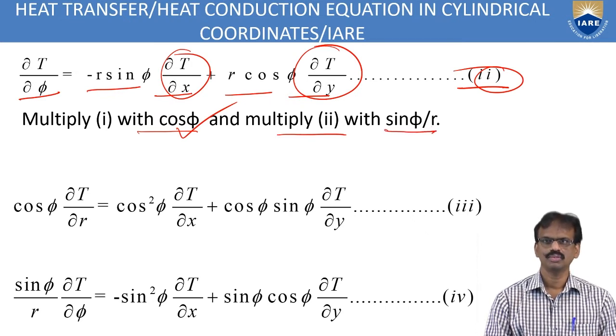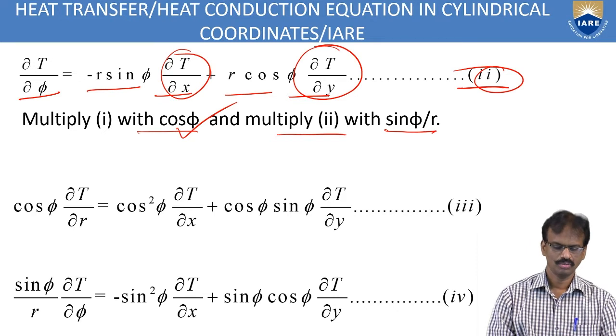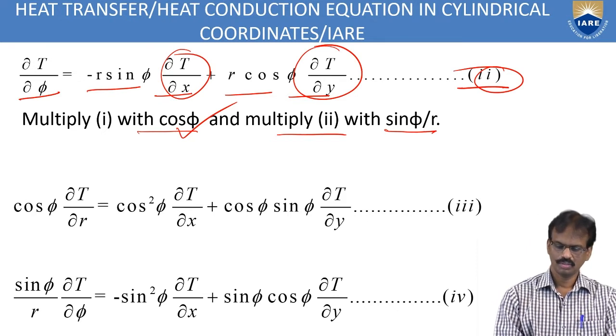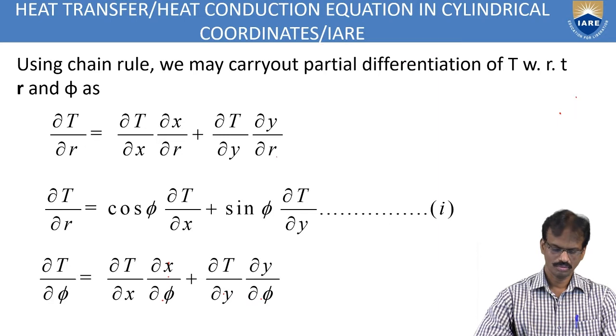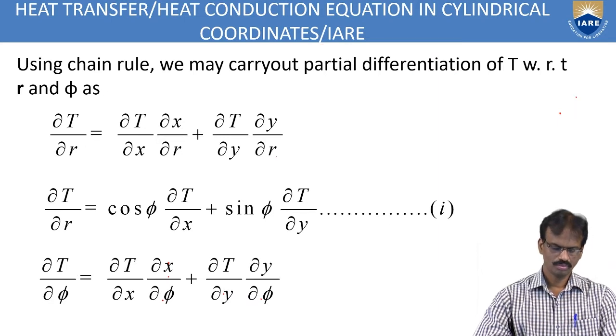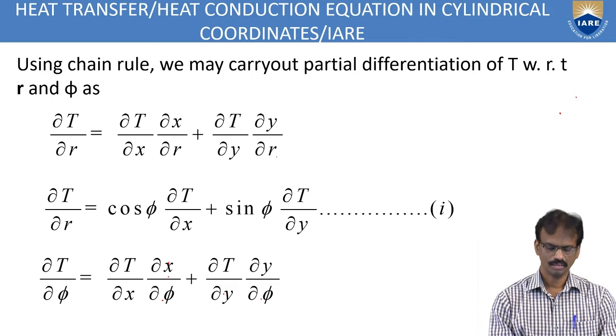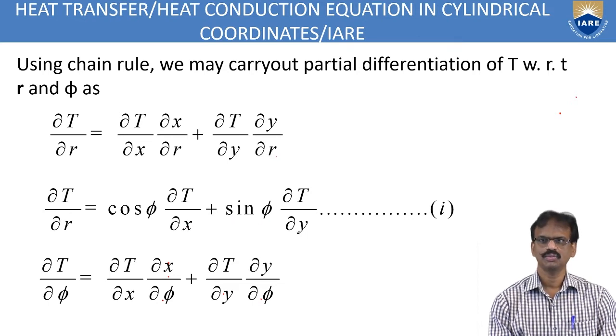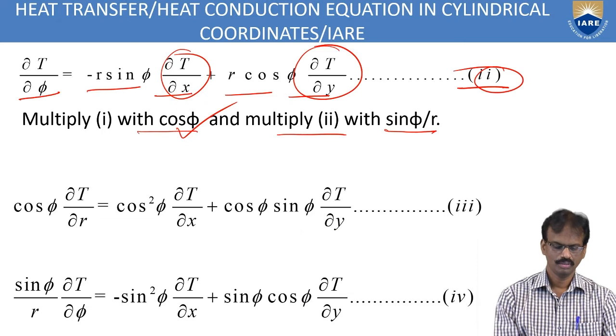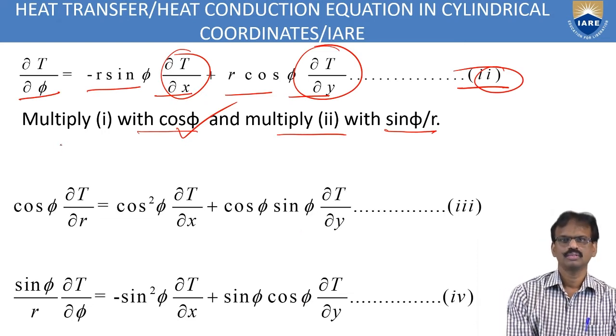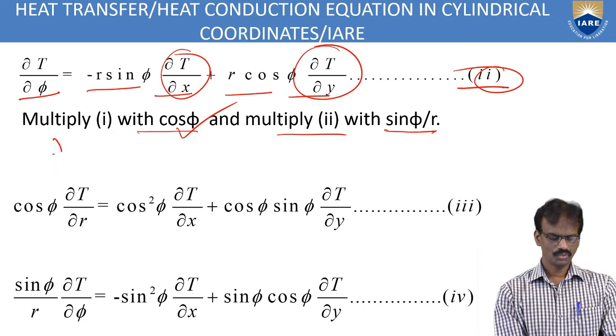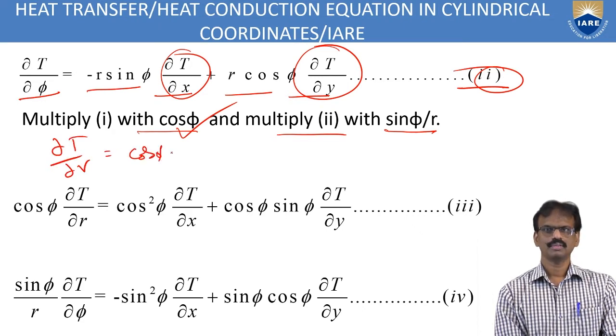You know that equation 1 is ∂T/∂r equal to cos phi ∂T/∂x plus sin phi ∂T/∂y.